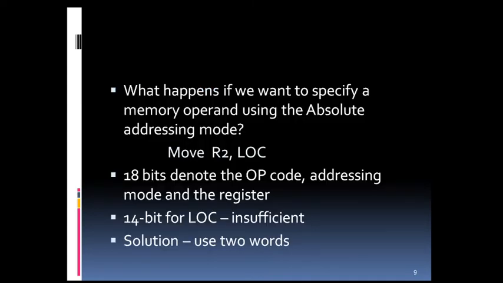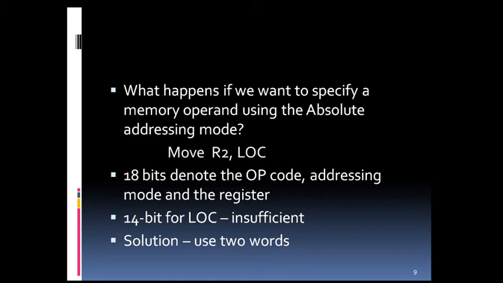Next, what happens if we want to specify a memory operand using the absolute addressing mode? Consider an example, Move R2, location. This requires 18 bits to denote the opcode, addressing modes and the register. This leaves 14 bits to express the address that corresponds to location, which is clearly insufficient.